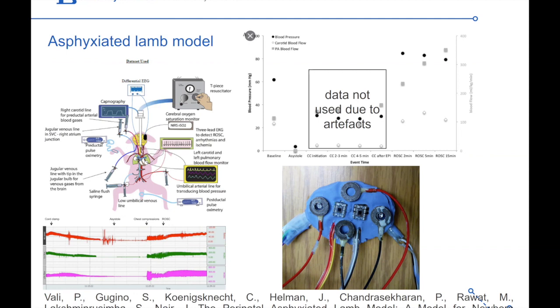And the signals that we were interested in are the EEG, which was a single channel differential EEG, then the NIR signal, the near infrared spectroscopy signal, and then this carotid artery flow. We also had that signal.